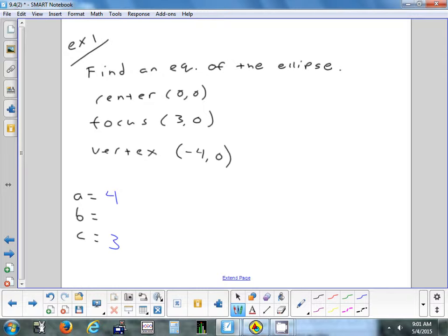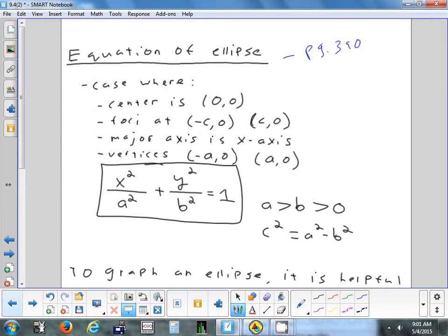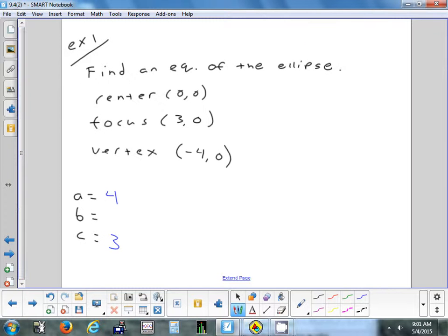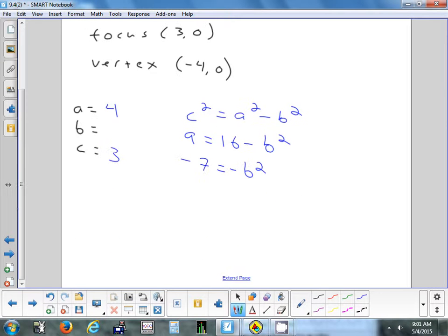All right, so now we have to find B. To find B, C squared equals A squared minus B squared. Just fill in, solve for B, then we can write our formula. So we have 9 equals 16 minus B squared. Bring 16 to the other side, you're going to get negative 7 equals negative B squared.